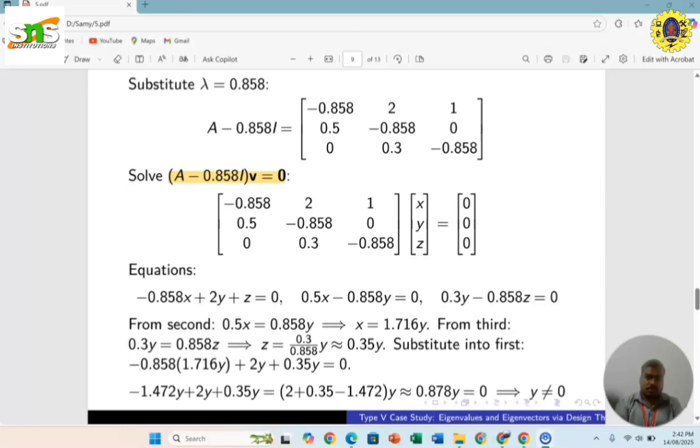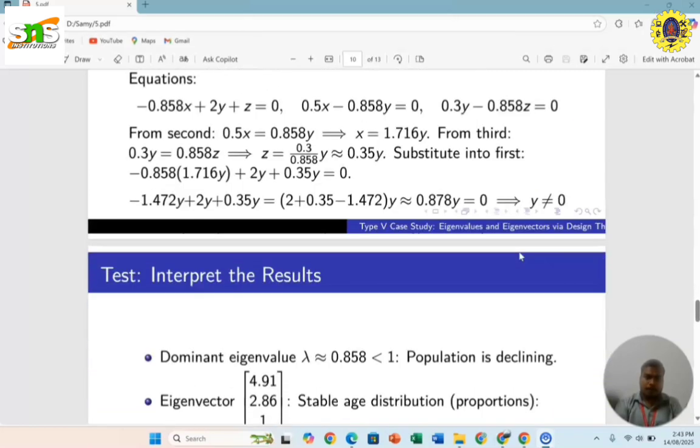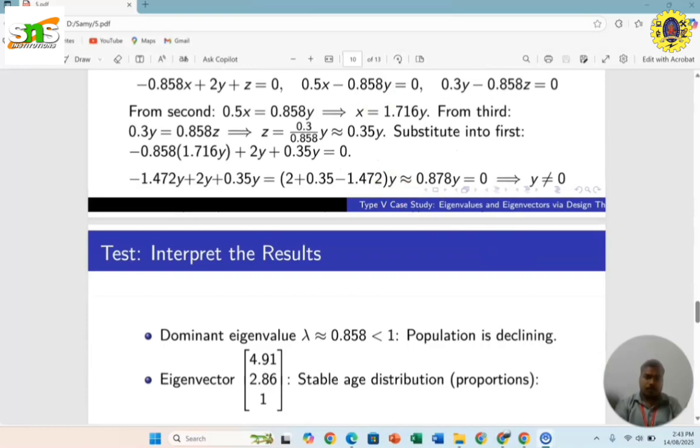So the equation becomes, we get the x, y, z values: x equal to 1.716y, and so in this case we have y equal to 0.878.